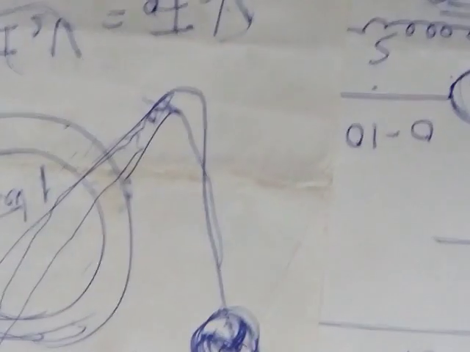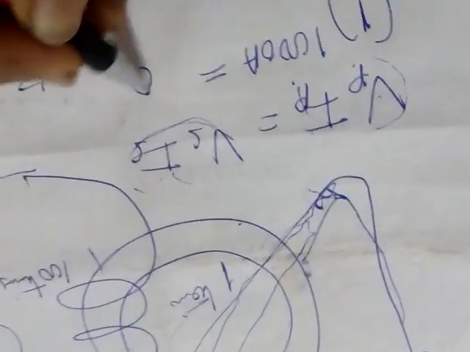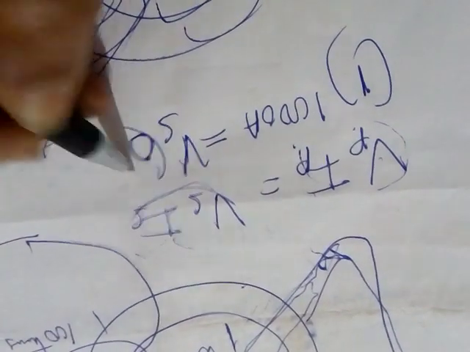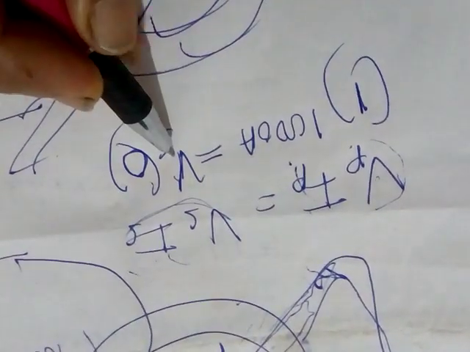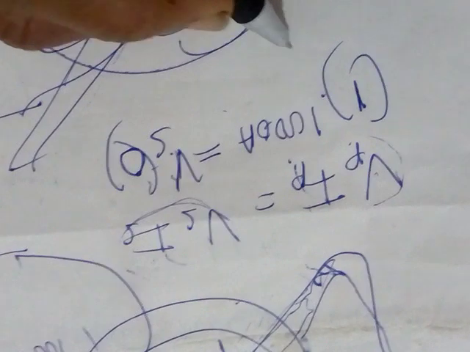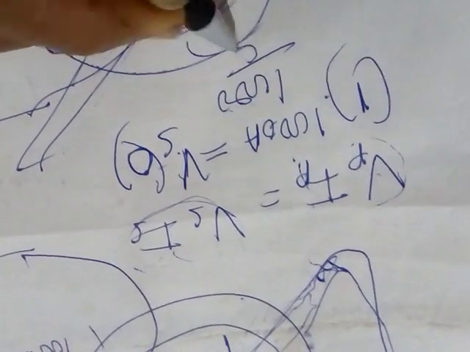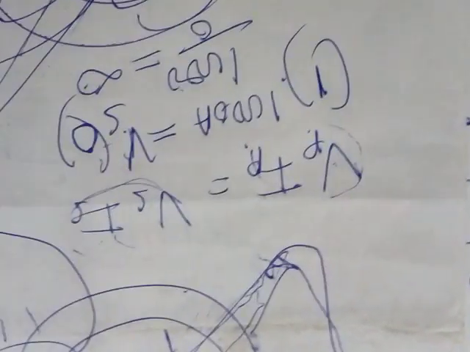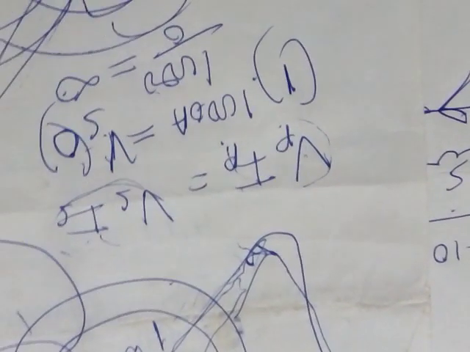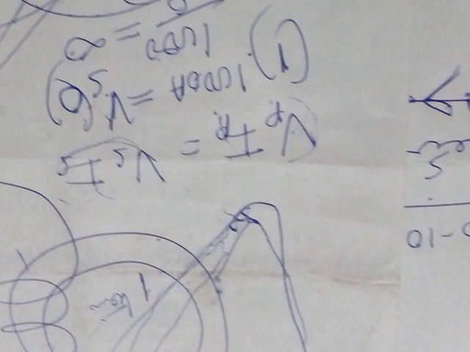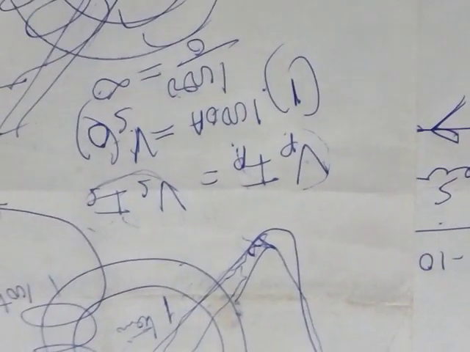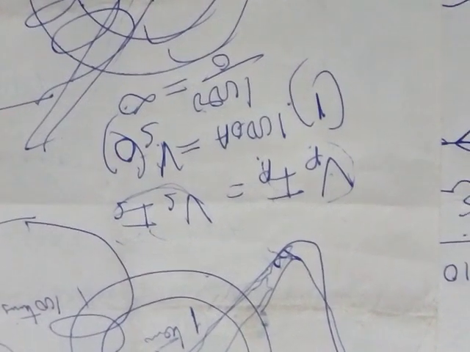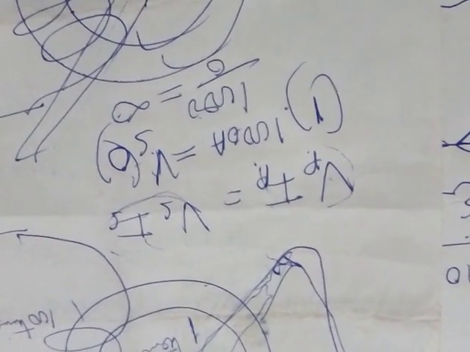Now what will happen? Secondary current is 0. So what will be Vs? Vs will be equal to 1000 by 0, which is infinity. Since Is is 0, when you open the secondary, Vs will become infinity. So very high voltage will be induced in the secondary, which will destroy the insulation of the secondary winding.